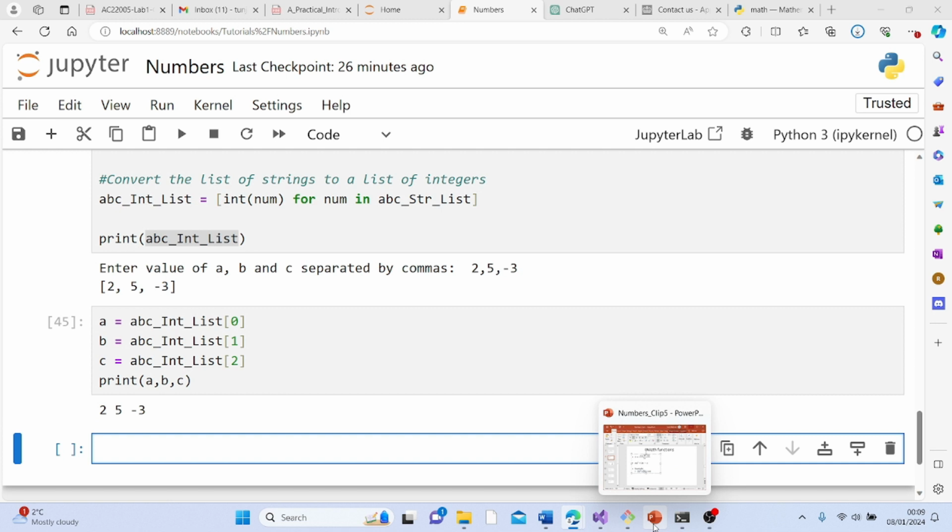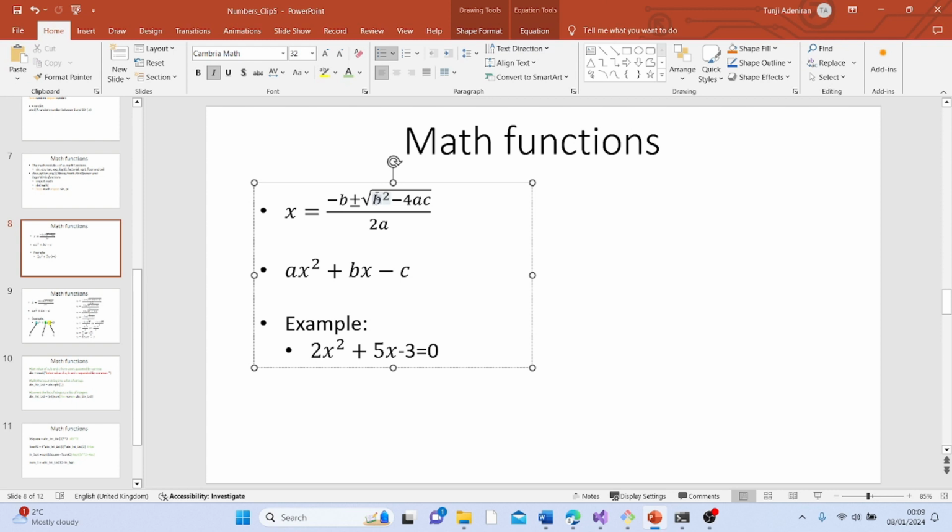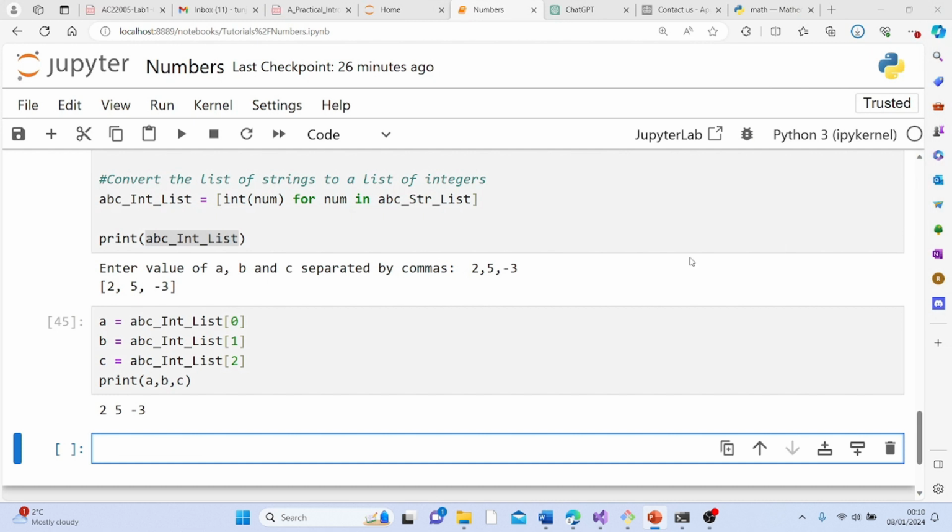First, let's look at what we have inside this square root. Let's look at the b squared and the 4ac. So let's say b square is equal to b raised to power 2, right?